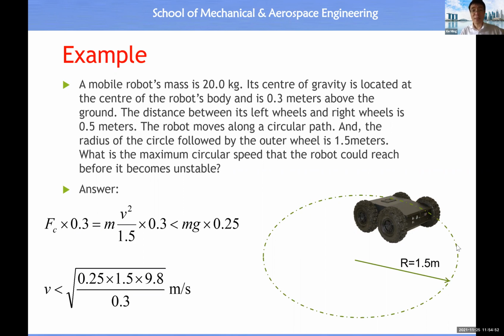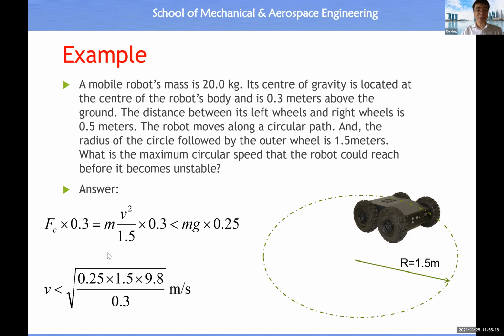All right. So assume this mobile base moves in a counterclockwise rotation, whether it's mentioned here or not. Then centrifugal force will make this robot rotate towards the right-hand side of this mobile base.